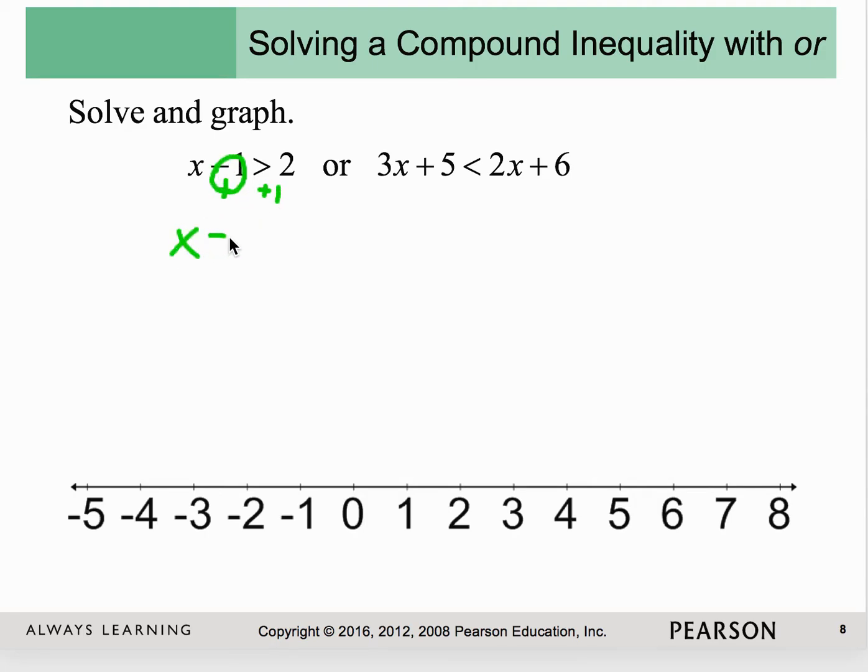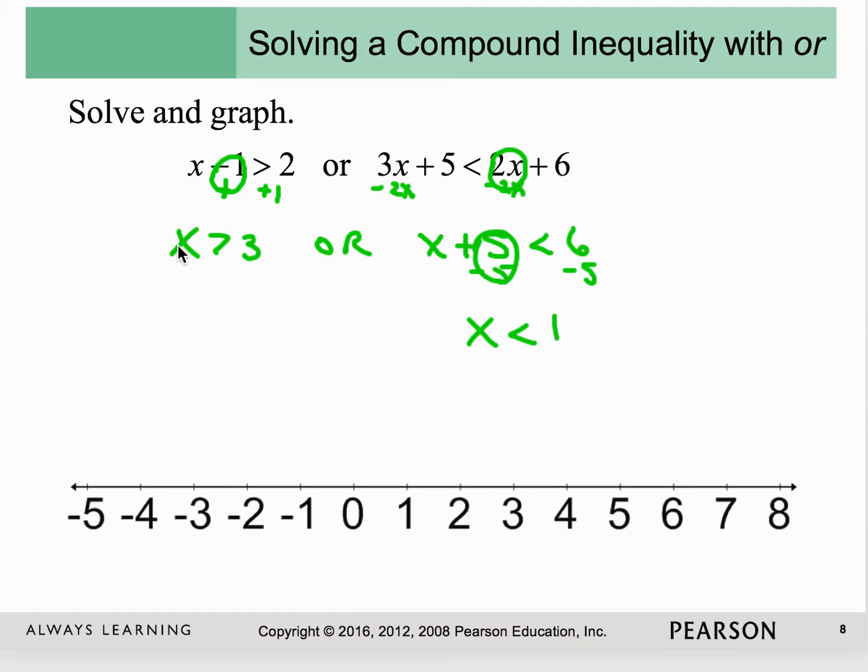So x is greater than 3, or, okay, I've got to put all my x's on the same side here first, or x plus 5 is less than 6. So x is less than 1.